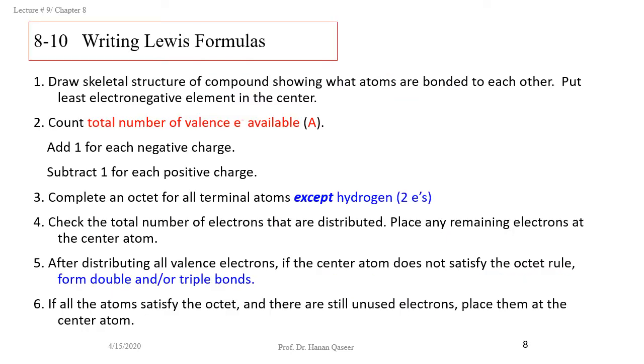In this slide here, how we can write a Lewis formula.